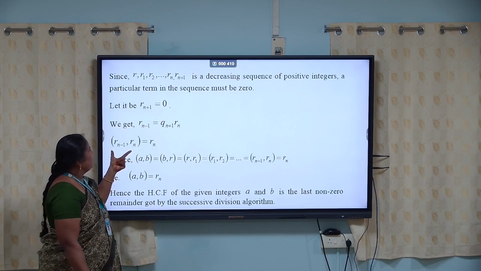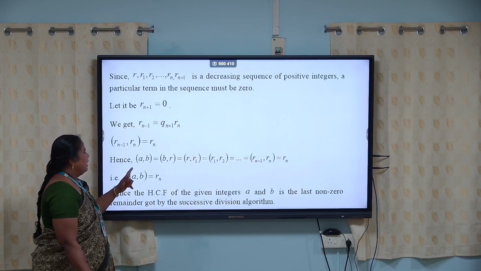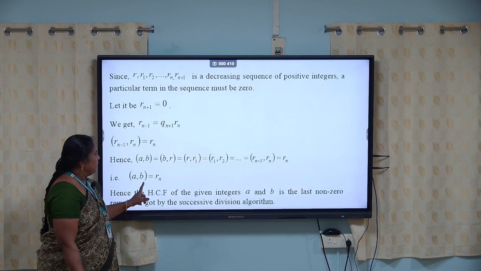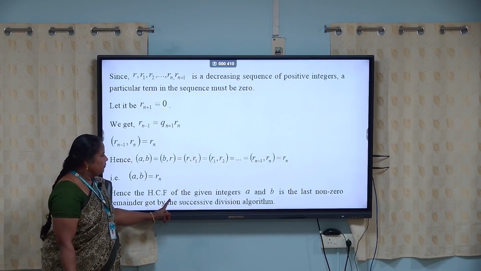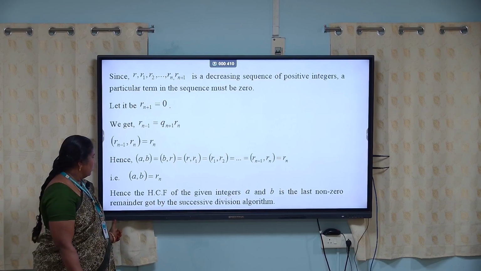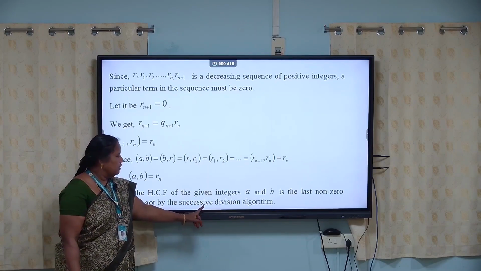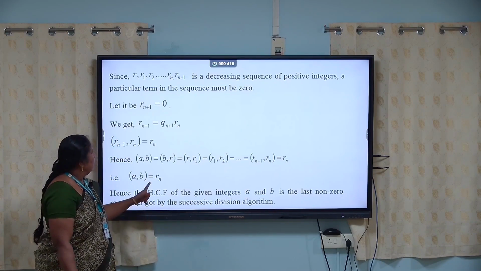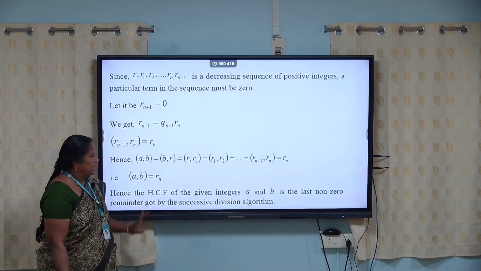So, HCF of (rn minus 1, rn) is equal to rn. Hence, the HCF of (a, b) is equal to rn. Hence, the HCF of the given integers a and b is the last non-zero remainder got by the successive division algorithm. Here, rn is the last non-zero remainder.